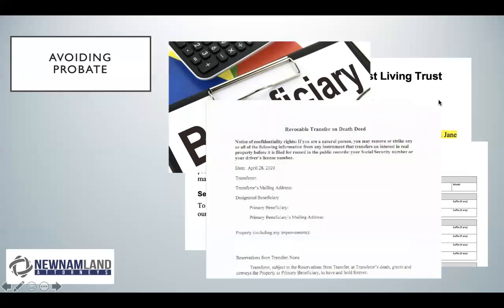And then the last thing I want to mention that you sometimes see people use are transfer on death deeds. These are deeds in which you give a piece of property to someone when you die, without using a will. So what do I mean by that? You would sign this deed today, right?